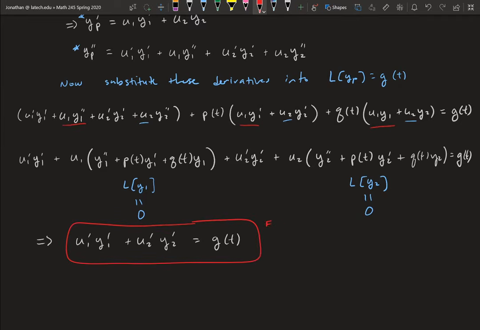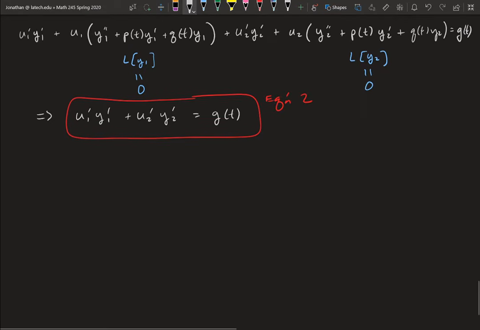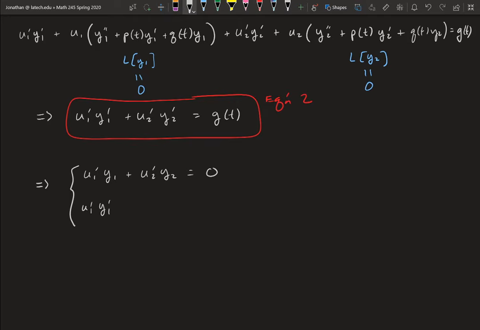So this is equation 2. So we've got two equations: u1 prime y1 plus u2 prime y2 equals 0, and u1 prime y1 prime plus u2 prime y2 prime equals g of t.